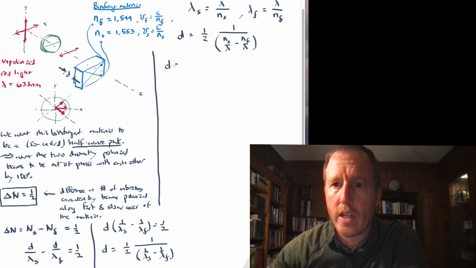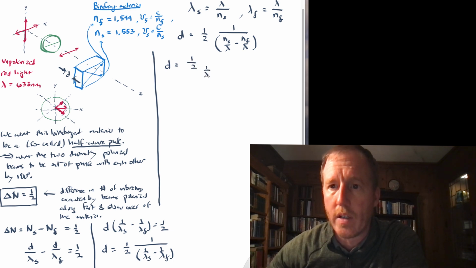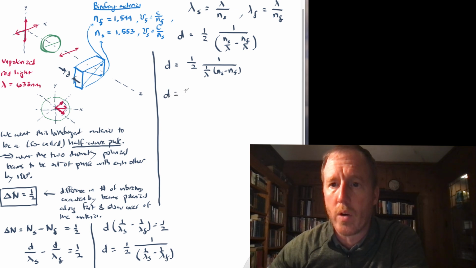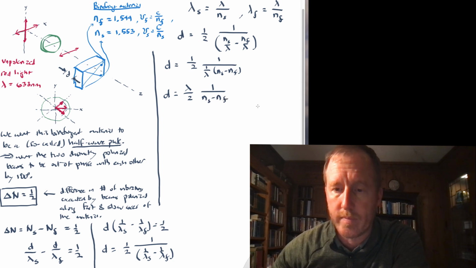And now the nice thing is we can factor out the 1 over lambda from the denominator. So this is a little bit of algebra here. And now we can simplify this a bit more and say d equals lambda over 2 times 1 over (n_s minus n_f).